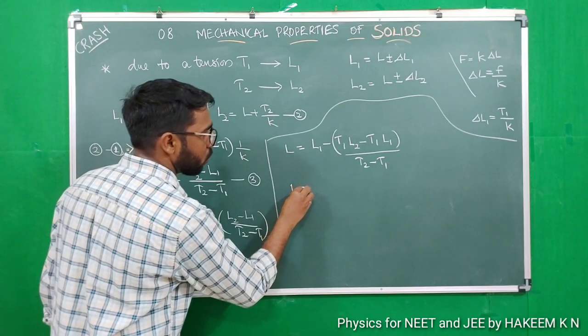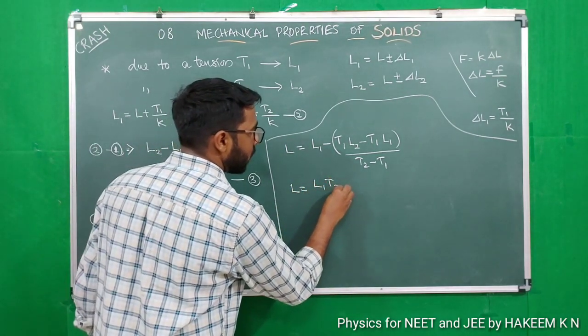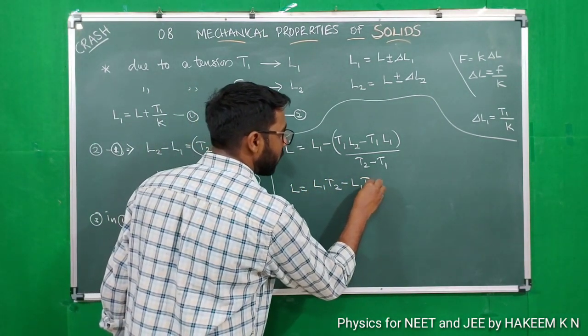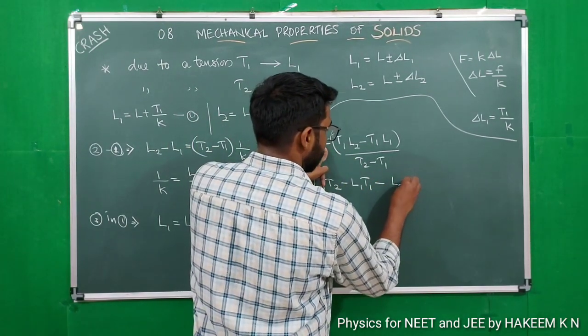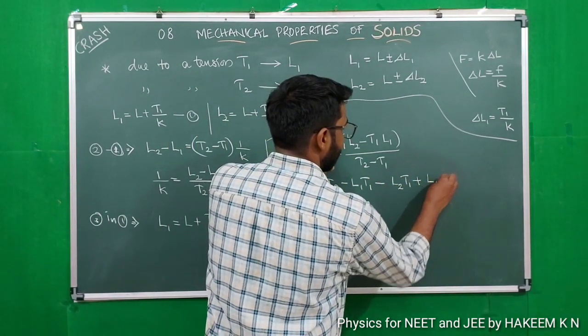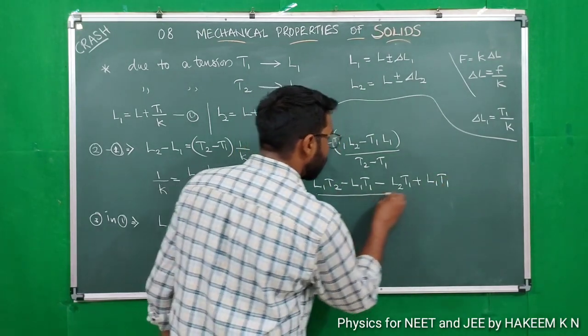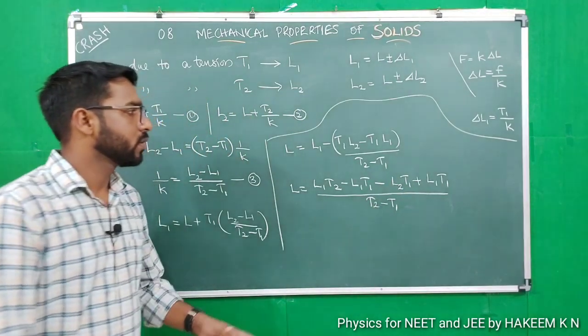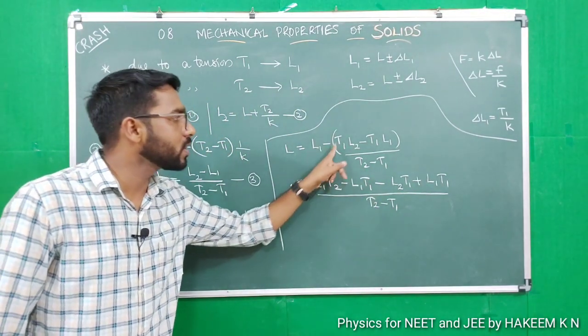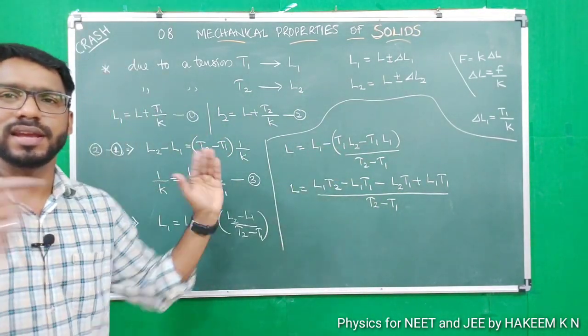Okay, L equal to L1 T2 minus L1 T1 minus L2 T1 plus L1 T1, all divided by T2 minus T1. What I did is just I crossed and here the bracket is opened.